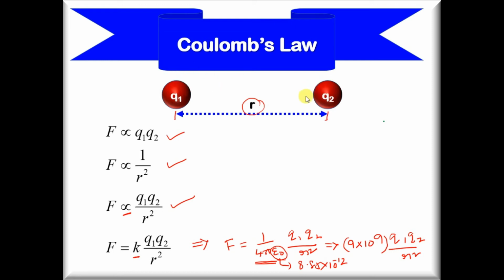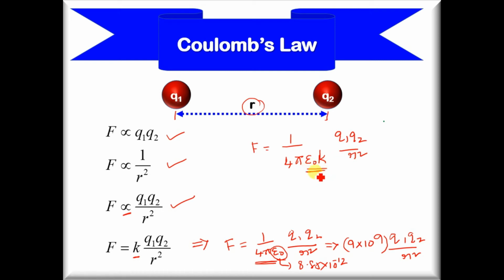Suppose you are placing these two charges in some medium, in that case your formula can be transformed into F is equal to 1 by 4 pi epsilon naught k, this is small k, Q1 Q2 by R square.